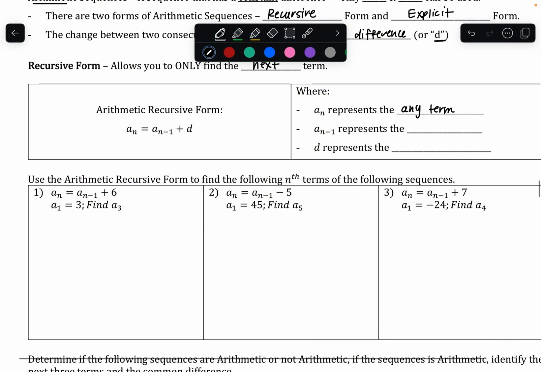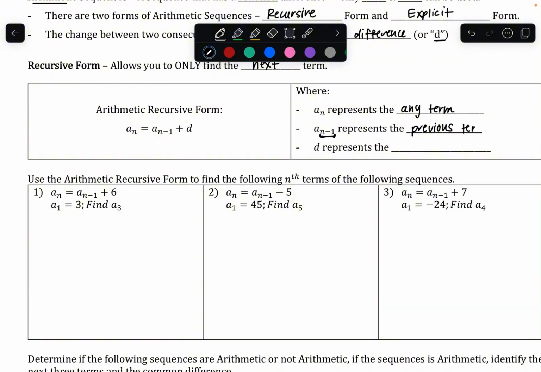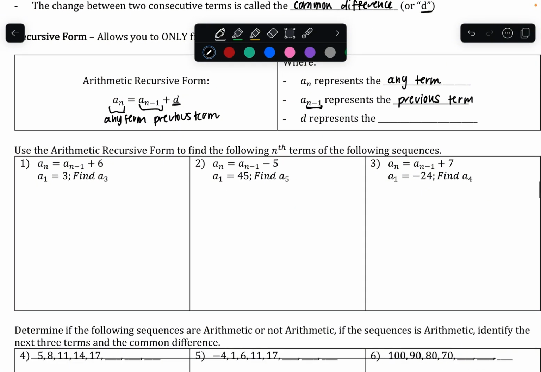And anytime you see a sub n minus 1, these are subscripts, it's just referring to the previous term. So it's kind of scary notation, but just read it as you can get to any term by taking the previous term and adding d. And so d, of course, is the common difference.